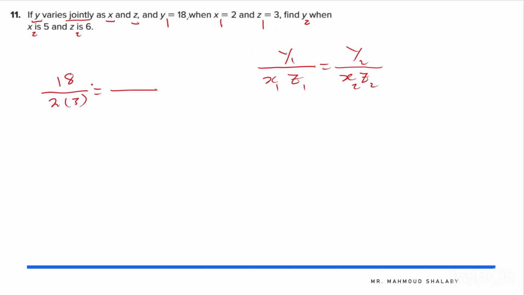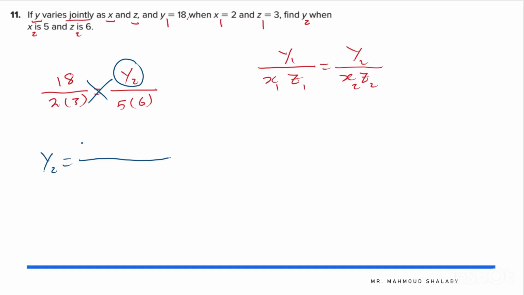y2 is not shown. Find y2. I will write here y2. When x2 is 5 multiplied by z2 is 6, as you can see here. All right, what I will do next, if you remember, a cross multiply. I need y2. So to find y2, I will look for the two connected values.